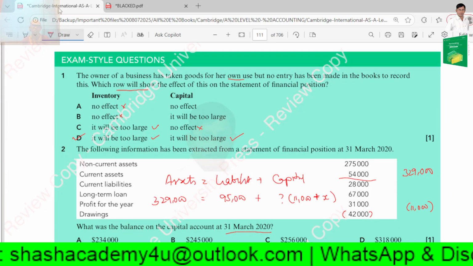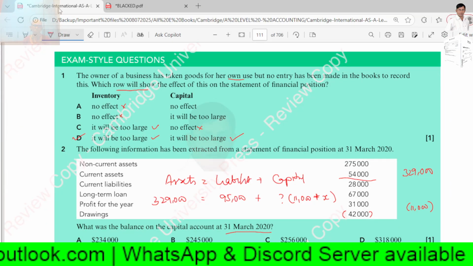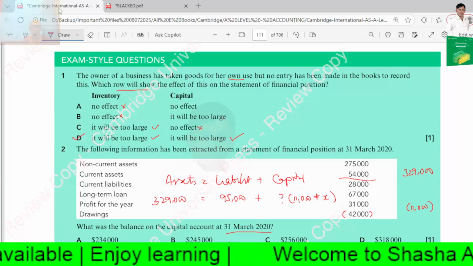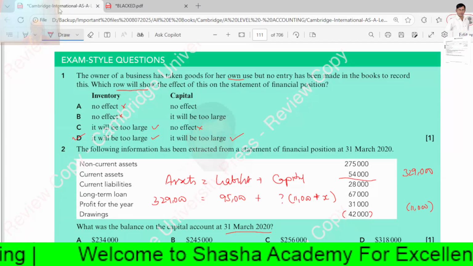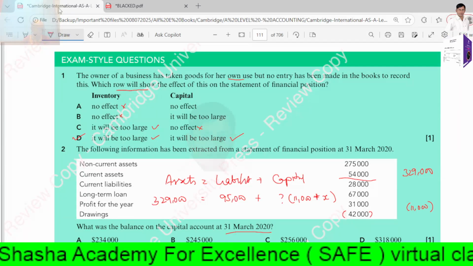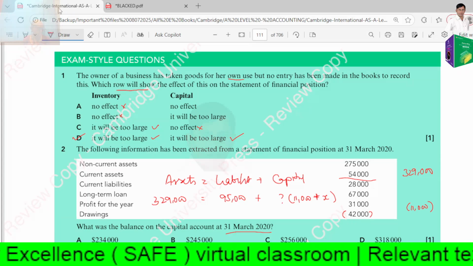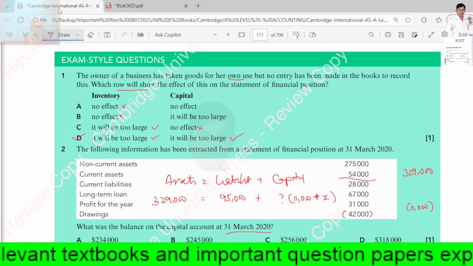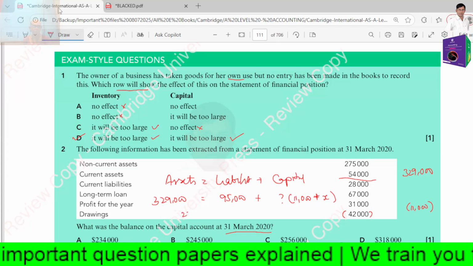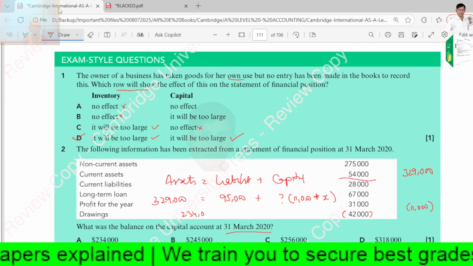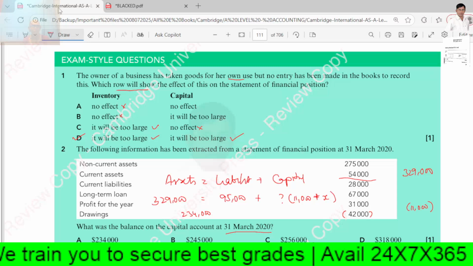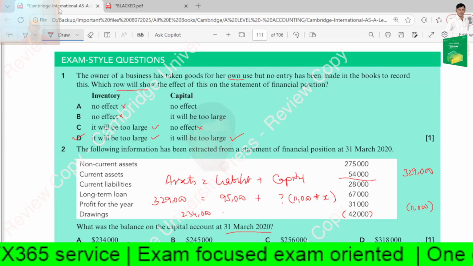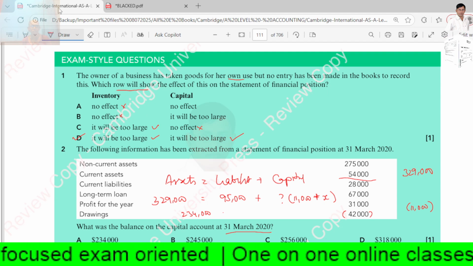So you need to simplify. So what you will do? You take this side. So 3,29,000 minus 95,000 is 234,000.